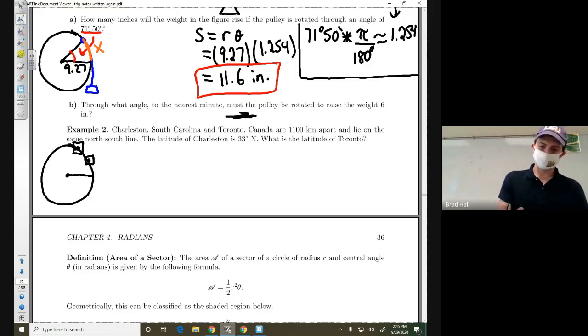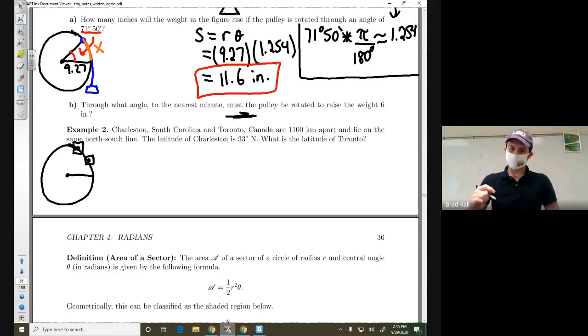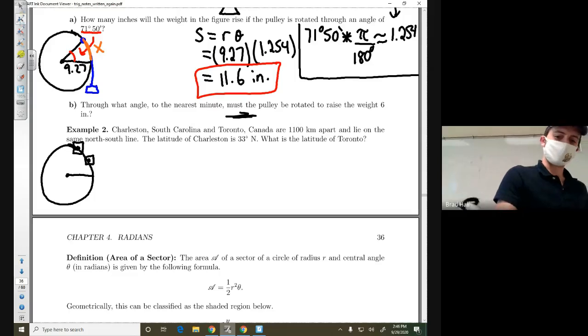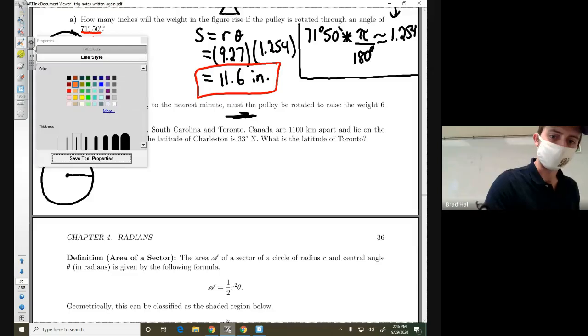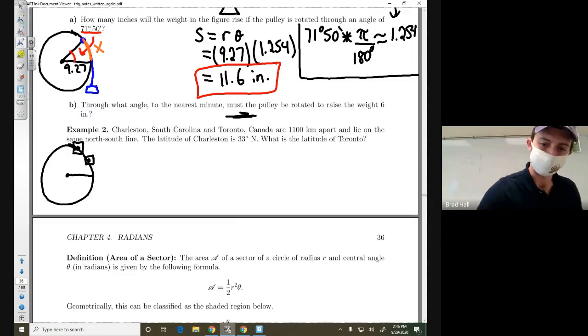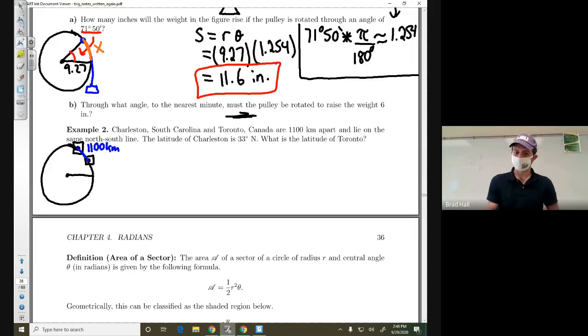And so I'm getting distracted because I realized I just drew kind of a face. Not a very good face by any means, but so the information that they gave us, they told us that the difference between these two, I'll use blue for this, the distance between these two is 1,100 kilometers. That's what they told us.